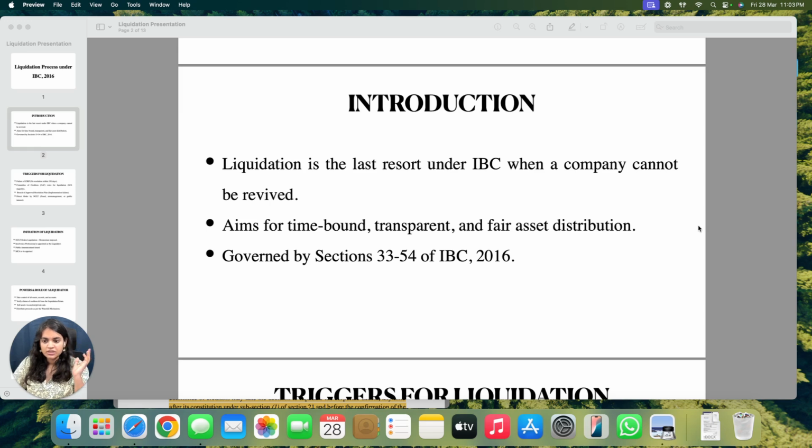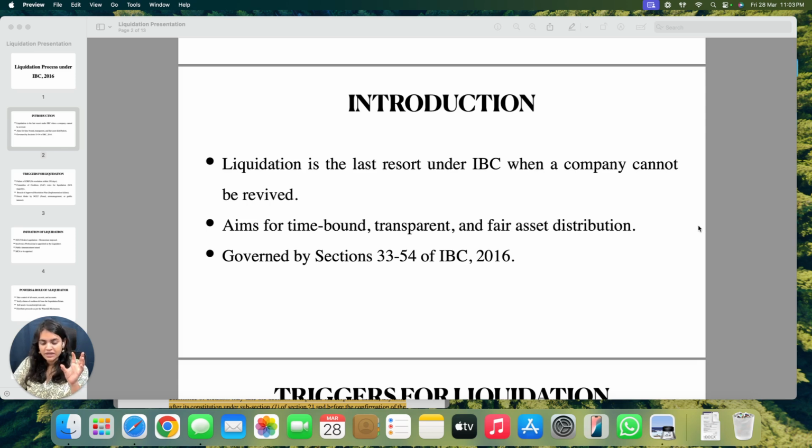The liquidation of a corporate debtor is governed by sections 33 to 54 and also the IBBI, Insolvency and Bankruptcy Board of India, Liquidation Process Regulations of 2016.